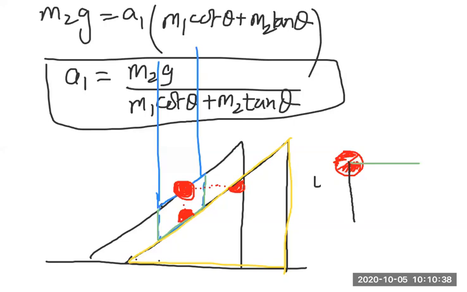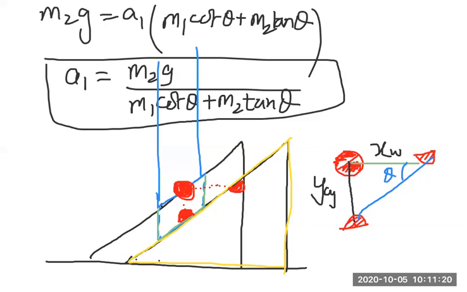सो दिस इज द डिस्प्लेसमेंट ऑफ द सिलेंडर and this is the displacement of the wedge, right? If the lower portion of the red dot has ended up here, and if the upper portion of the red dot has ended up here, of course this constitutes a right angle triangle, for which I know that this angle is theta.